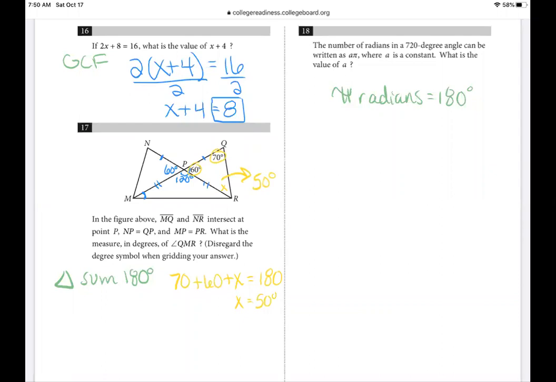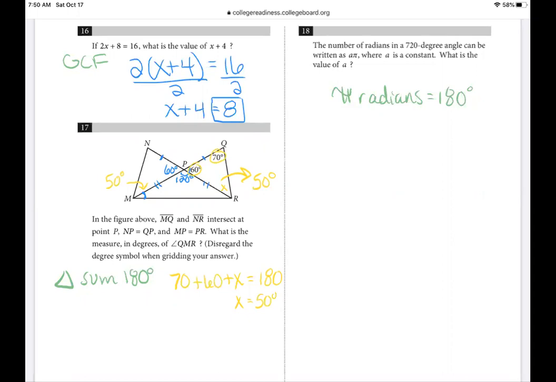And if we know that's 50 degrees, then the triangle on the left, that angle also has to be 50 degrees, since we have those equivalent sides.